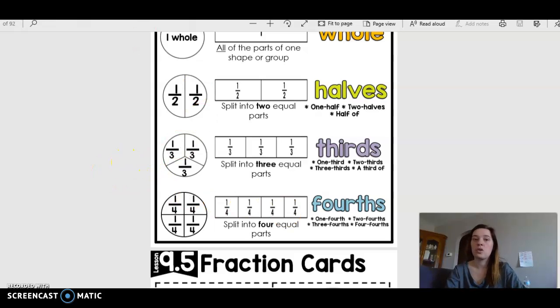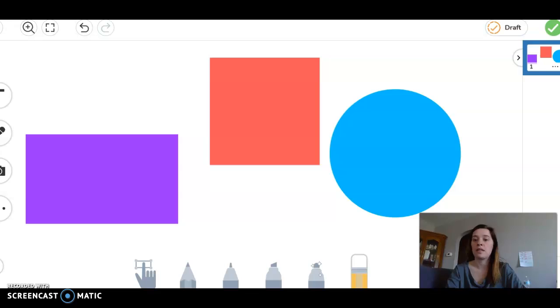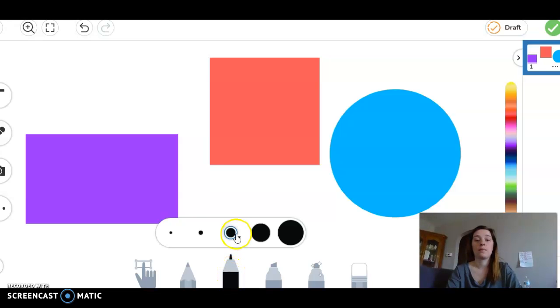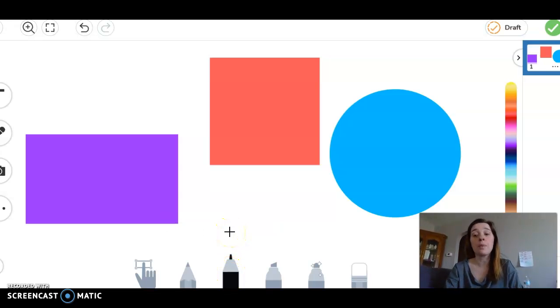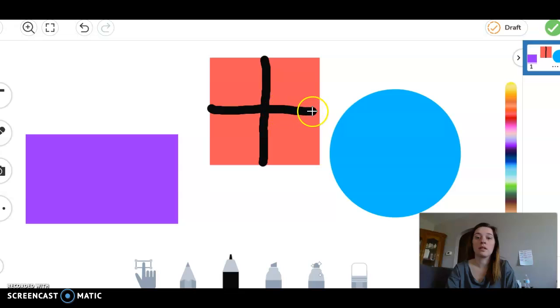Okay, so we are going to go over here to Seesaw, and we are going to talk about splitting shapes into fourths. There's a couple different ways you can do this. Rectangles are the easiest to cut up a bunch of different ways. We can go down the middle, and we can go right across. And there's 4.